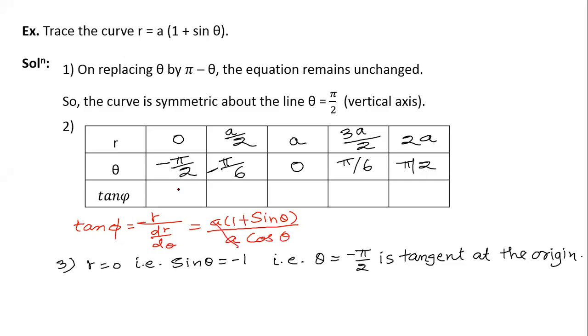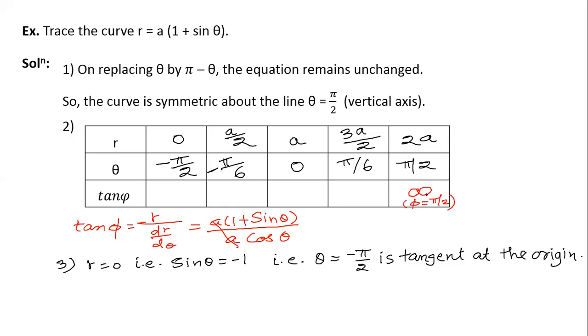A cancels. So it is not necessary to find tan of phi for every combination. Just we will be finding for the last combination theta equal to pi by 2. So in that case, tan phi will be equal to 1 plus sin pi by 2, that is 1 plus 1 is 2, and denominator cos of pi by 2. 2 upon 0 is infinity. So tan phi is equal to infinity. That means we can understand that phi is equal to pi by 2.